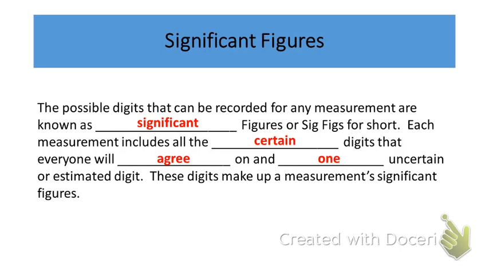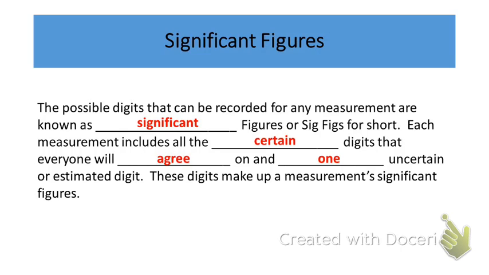But then you're also going to estimate one uncertain or estimated digit. That estimated or uncertain digit is the last digit in your measurement. And we're not going to agree on it, but that's okay.